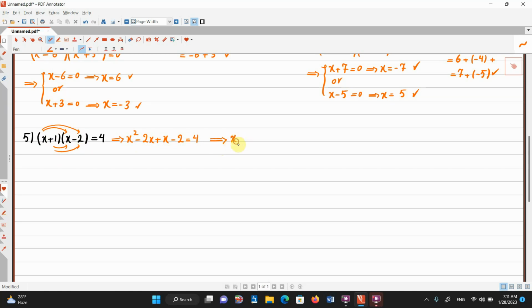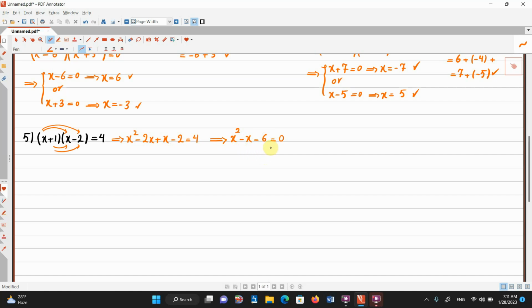Moving all the terms to the left and simplifying them will result in x² - x, because -2x plus x makes -x, and moving 4 to the other side will turn it to -4, -2 and -4 makes -6, equals 0. And as you see, now we have a quadratic equation in its standard form.